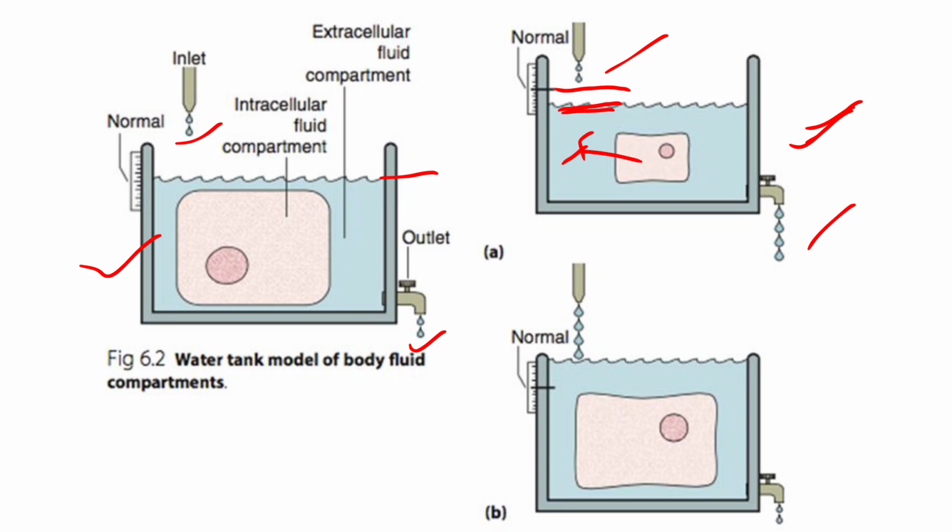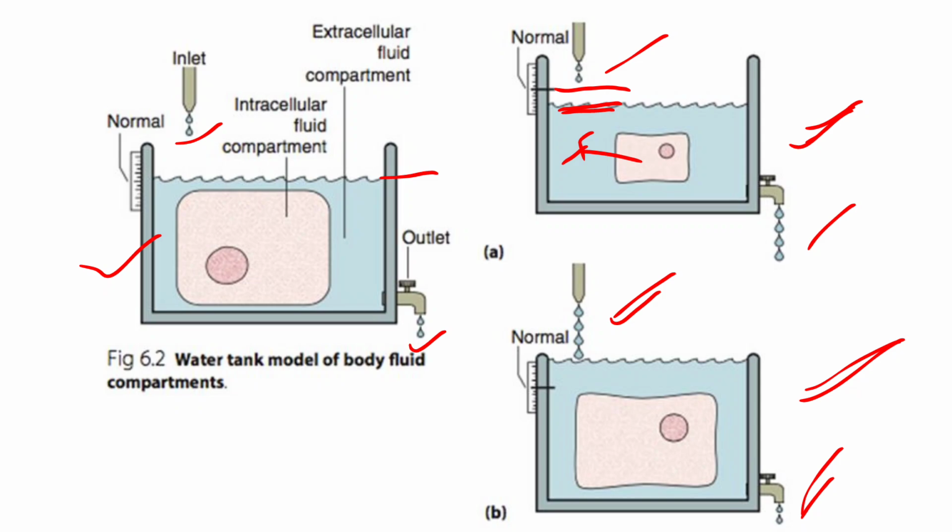Similarly, if you come to the concept of overhydration in the second picture, you can see the water intake is increased. You can see 4 drops of water are shown, and here only 2 drops of water output is there. So this shows water intake is increased compared to the water output. This is a state of overhydration.